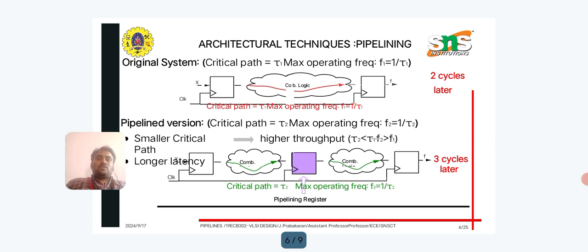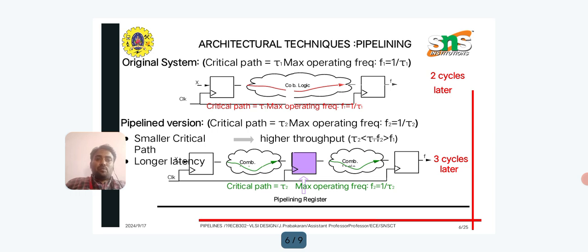Another one is comparing the original system and its pipelined version in terms of critical path delay and maximum operating frequency. There are several key differences. Original system critical path, tau 1: this is the longest path through the combinational logic of the system, determining the delay between input and output.